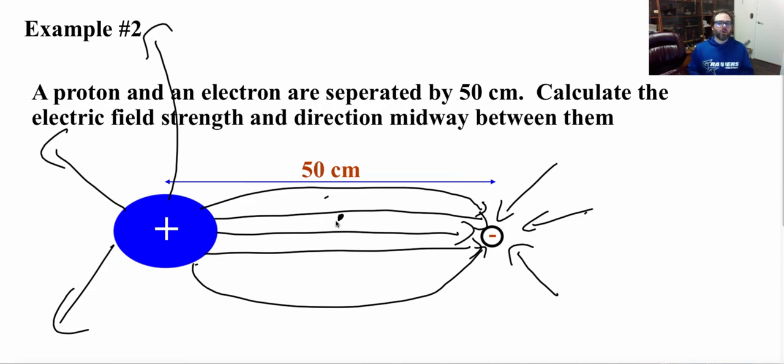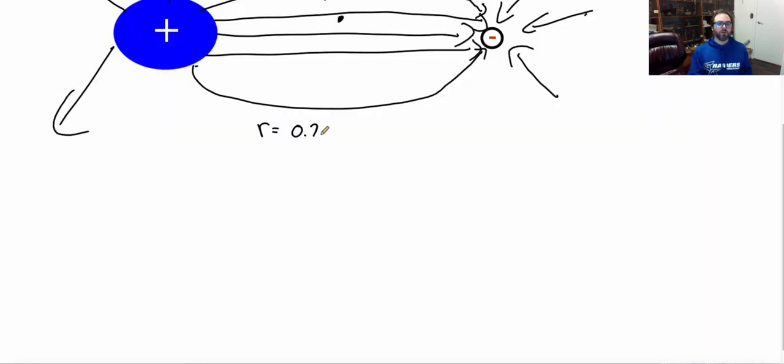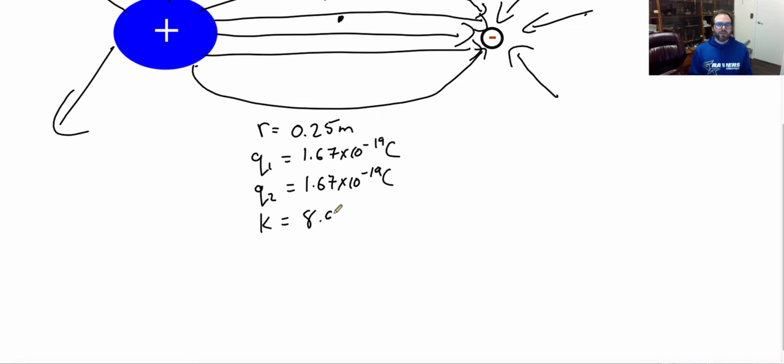So let's look at what we know. My radius is equal to 25 centimeters, because it's right in the middle. The charge of the proton is 1.67 times 10 to the negative 19 coulombs. The charge of an electron is 1.67 times 10 to the negative 19 coulombs. And Coulomb's constant is 8.99 times 10 to the 9 newton meters squared per coulomb squared.